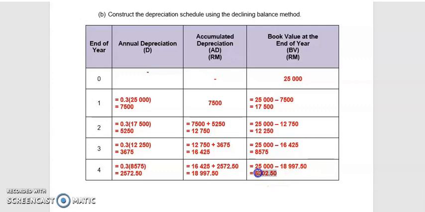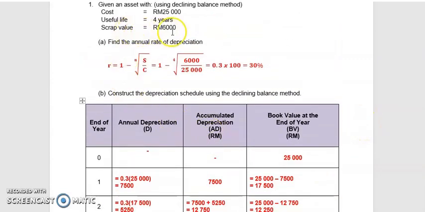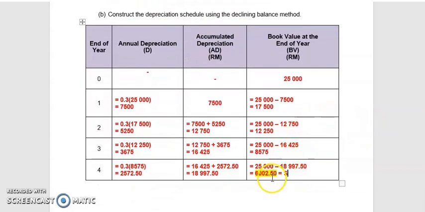Note that the book value at the end of useful life is also equivalent to scrap value, or salvage value. Notice that our scrap value here is 6,000, and here we get an extra 2 ringgit 50 cents. Why do we have the extra 2 ringgit 50 cents? It is because we rounded off the rate of depreciation. If you still remember, when we calculated the rate, we got 0.300-something, a long decimal.